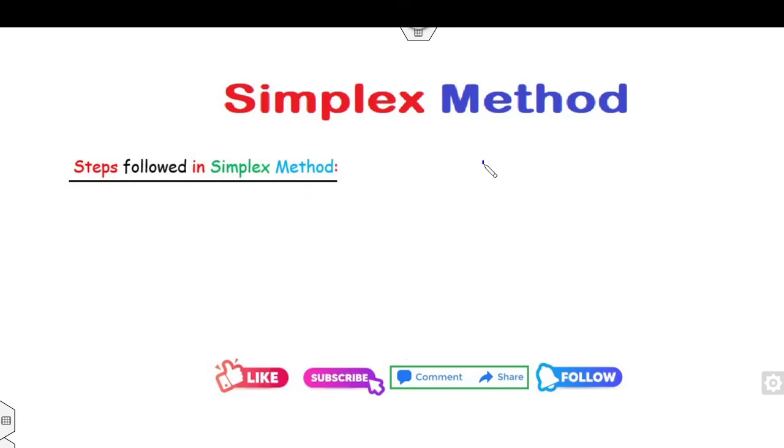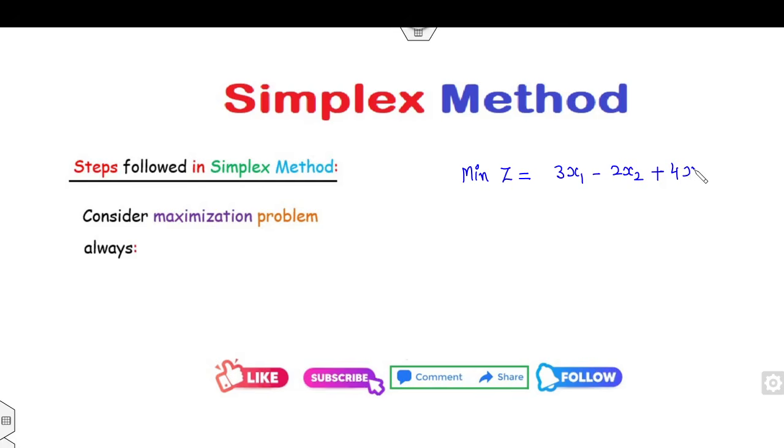Whenever you have a linear programming problem, always write it in terms of maximization. For example, if you have the objective function 3x1 minus 2x2 plus 4x3, try to convert this optimization problem into the maximization of z. How can you convert minimization to maximization?